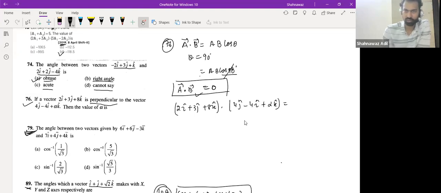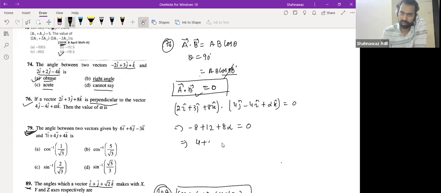Okay, this is 0. So 2i and minus 4i, so minus 8, and 3j into 4j, so 12, and plus 8 alpha. This is 0. So 12 minus 8, which is 4, plus 8 alpha is 0.